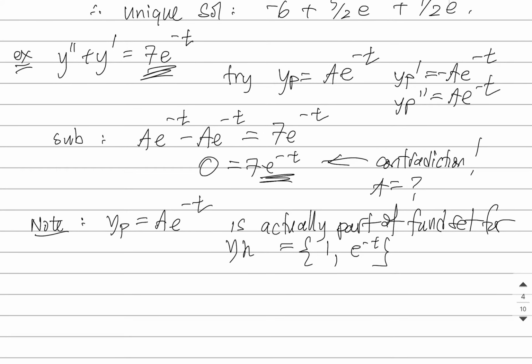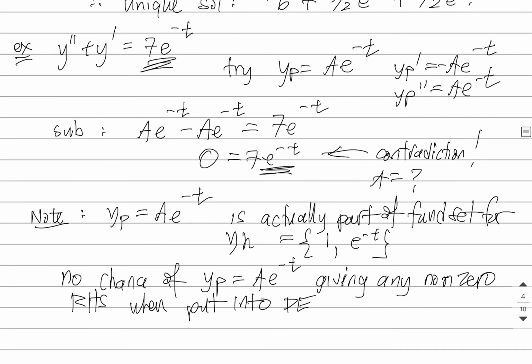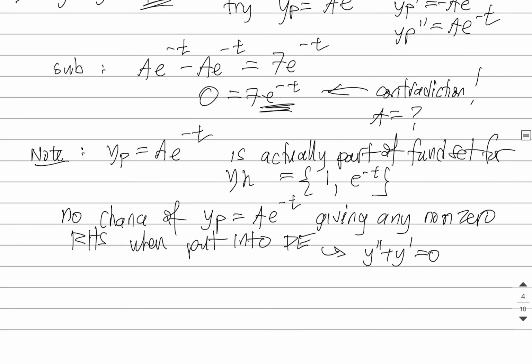I have no chance of this particular solution giving any non-zero right-hand side when I put it into the DE. If I were to put this into the DE, it's always going to give me a 0. There's no hope. It's a homogeneous solution. That's what homogeneous solutions do.